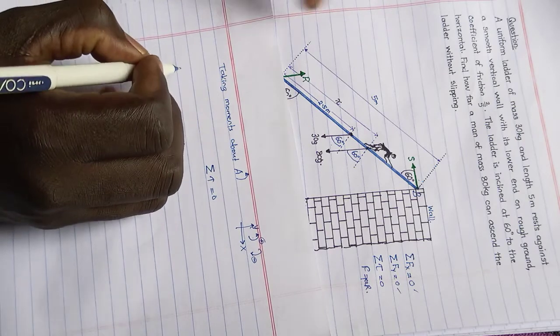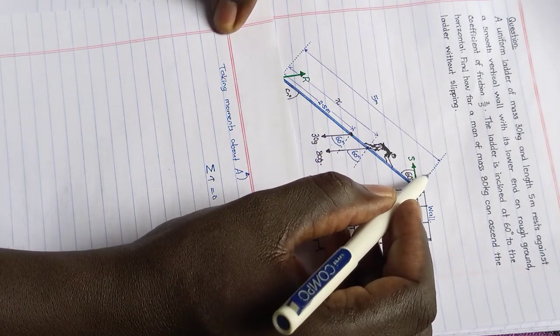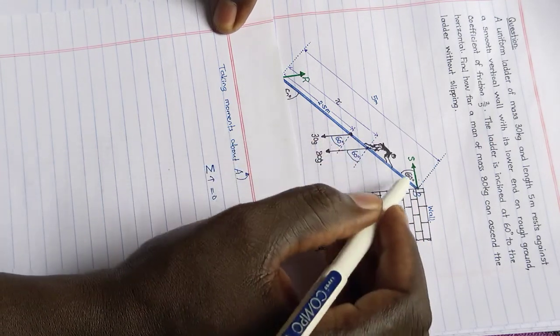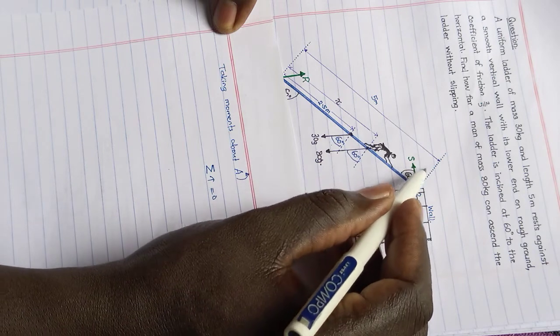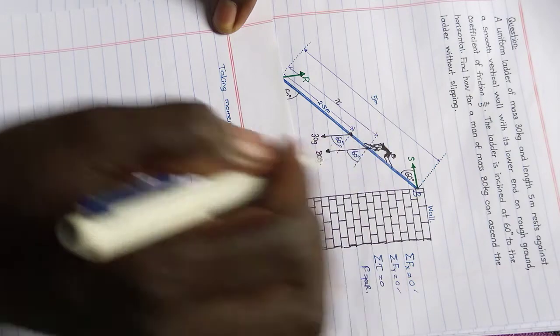From S, we have to resolve it perpendicular to the ladder so that it is at 90 degrees. Moment is the product of the force and the perpendicular distance. So this force must be perpendicular to the distance, which is 5 meters.